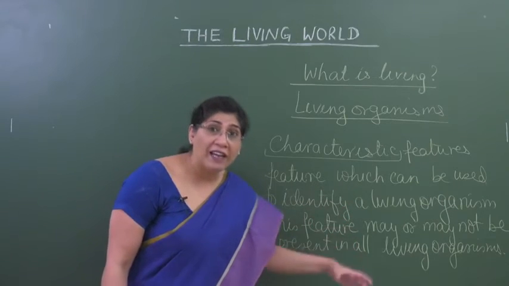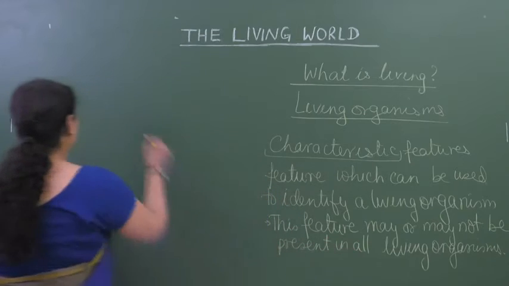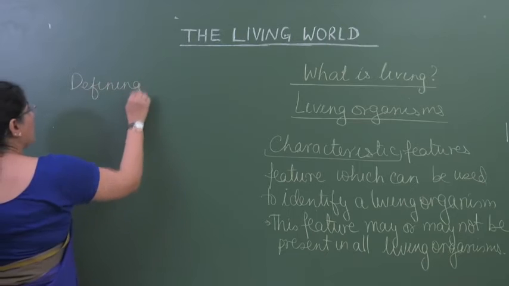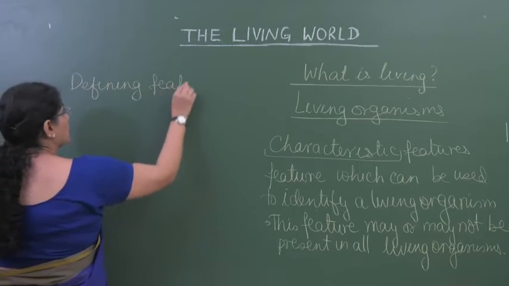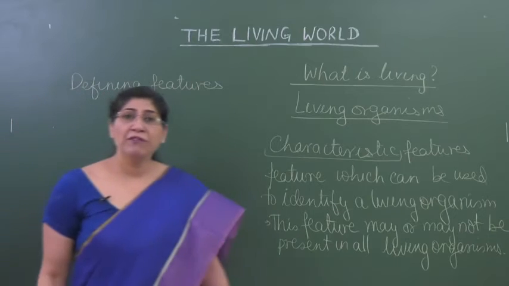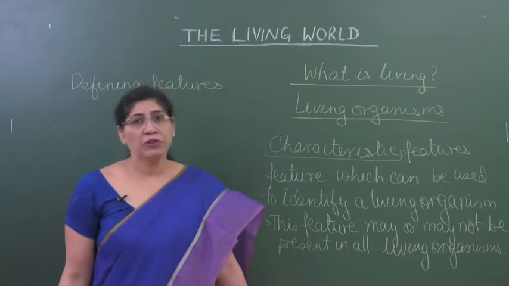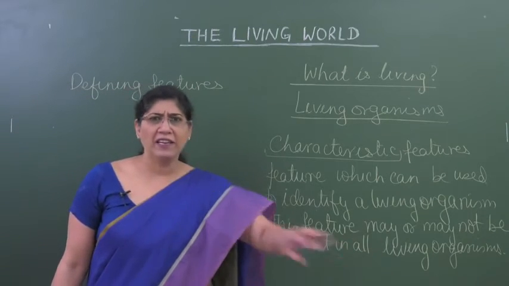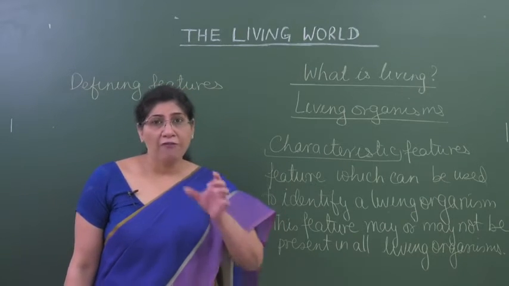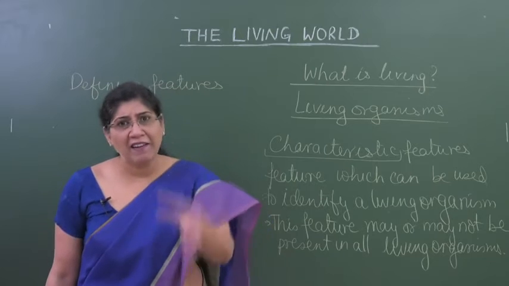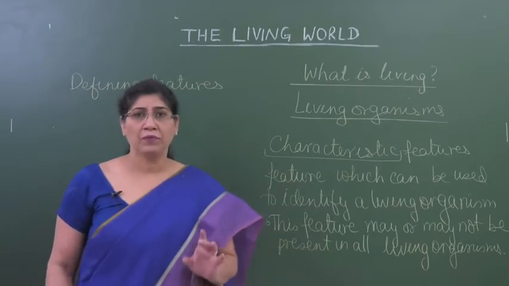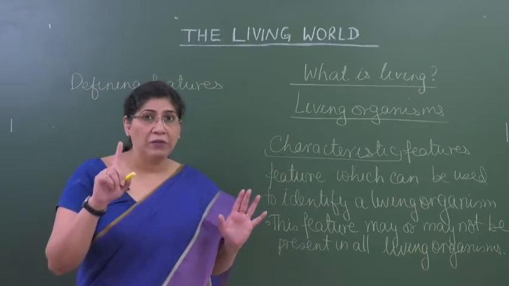So to define a living organism, we use defining features. जब इस चैप्टर में हम समझते हैं कि भाई फीचर्स क्या हैं, ग्रोथ, रिप्रोडक्शन, तो हम कहते हैं ये डिफाइनिंग नहीं है. तो डिफाइनिंग क्या है? A feature which is necessarily present in only living organisms. Non-living में वो बिल्कुल नहीं होनी चाहिए.